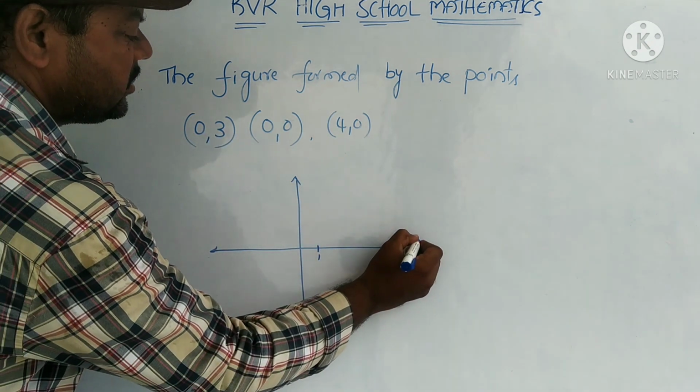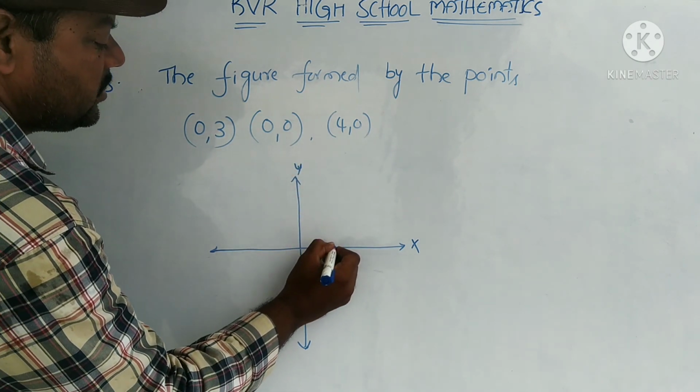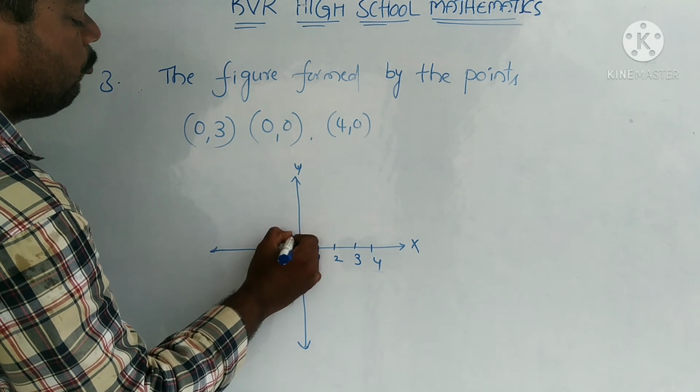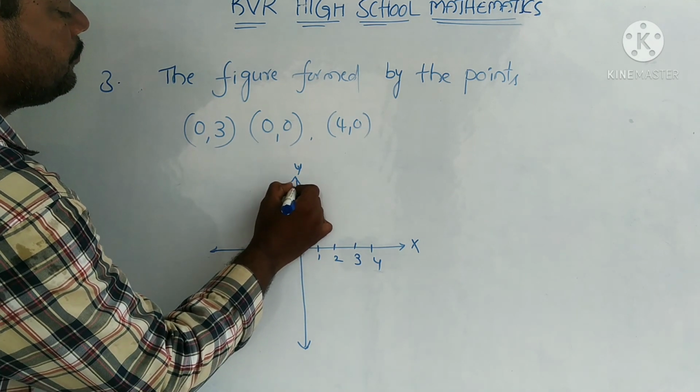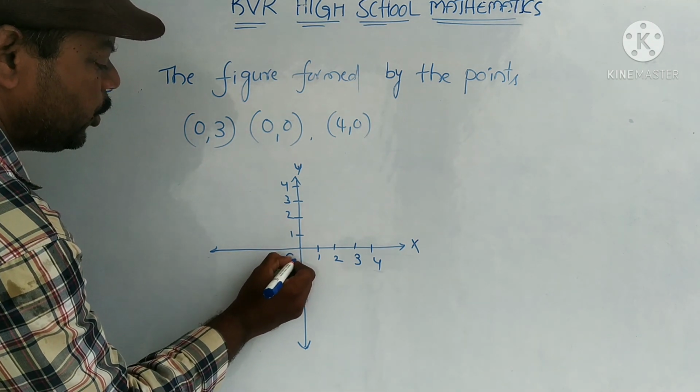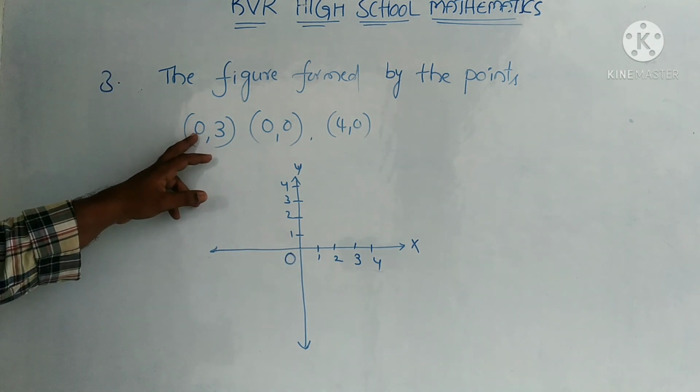Suppose this is the x axis and y axis. 1 2 3 4. Next 1 2 3 4. Right, so this is the origin (0, 0). First point (0, 3).